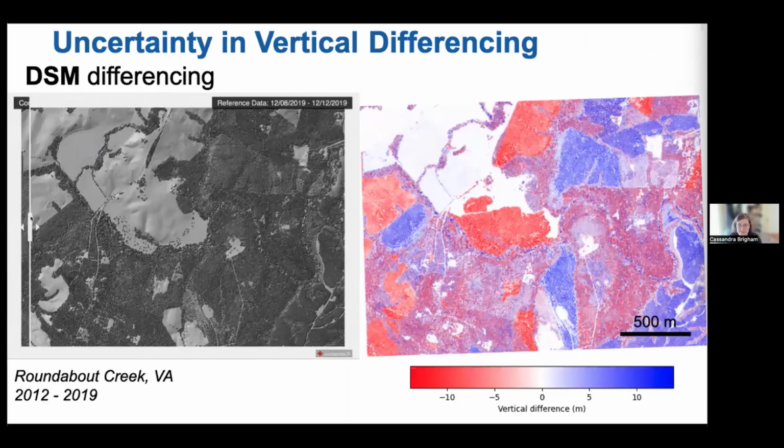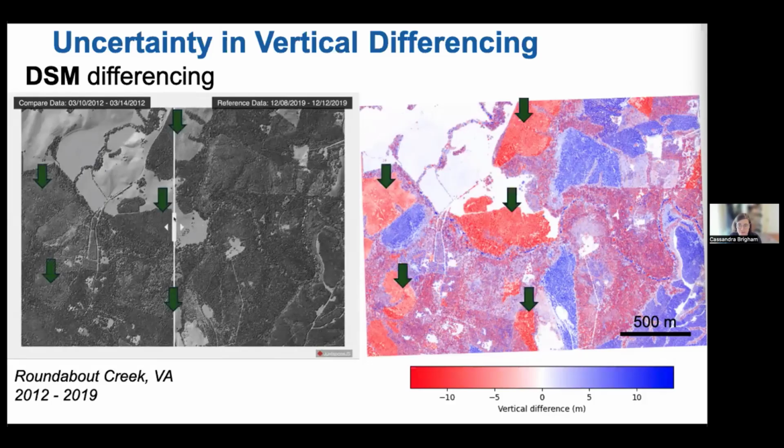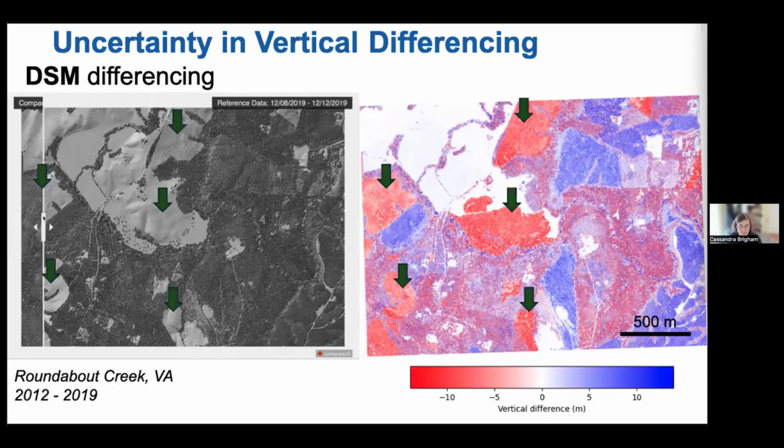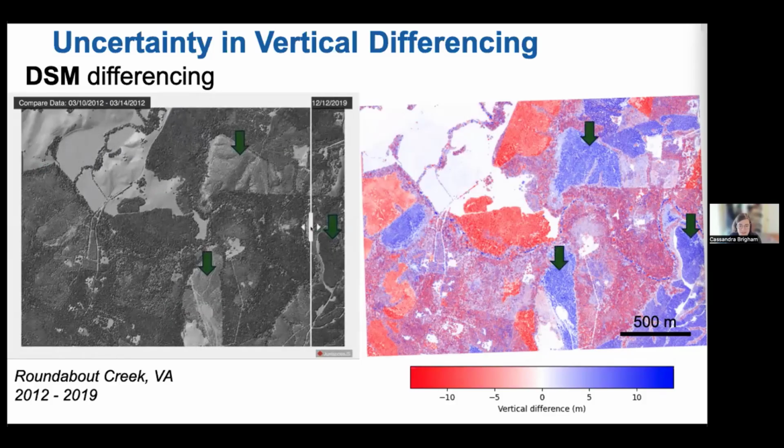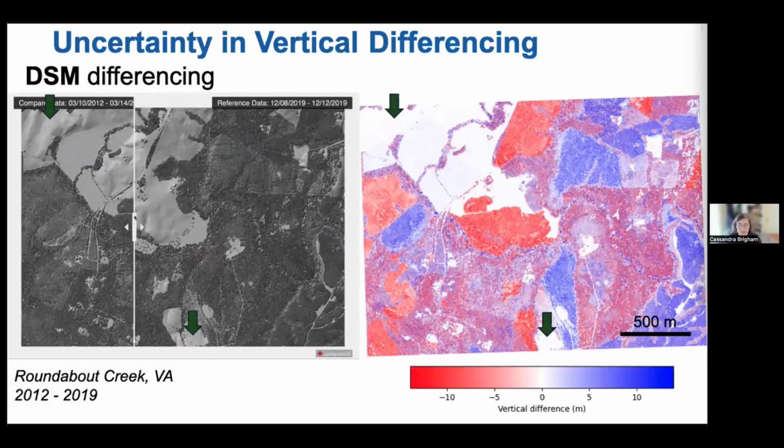What's being differenced here are digital surface models made from those point cloud data sets. We can see areas in red on the topographic differencing map where trees have been clear cut. We can see areas in blue where trees have been replanted and grown. Areas in white are areas of no change.